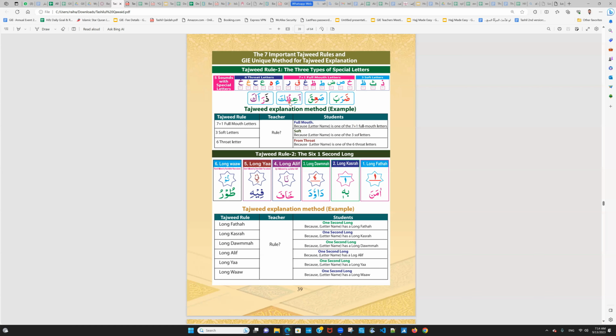Then we have the fixed method for advanced students. If you see our syllabus, then you are going to understand. Every last 10 minutes, there is Tajweed explanation. During those 10 minutes, a student has to do Tajweed explanation. During that time, the teacher is going to ask from random places, then they have to answer very shortly. Okay.